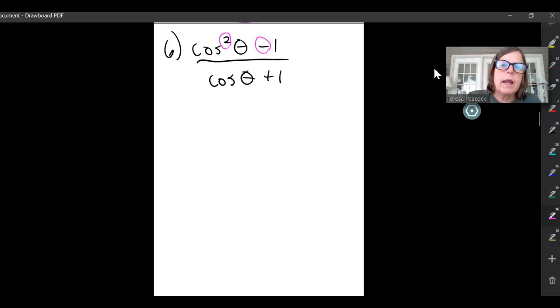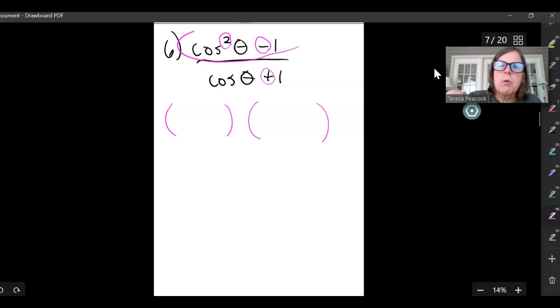Now remember, you can't cancel your cosines out here because you have minuses and pluses here. You can only cancel when you're multiplying. So you have to do the factoring process before you cancel stuff out. So in the numerator, don't even look at the denominator, but in the numerator, the cosine squared I can break up into cosine theta here and here.